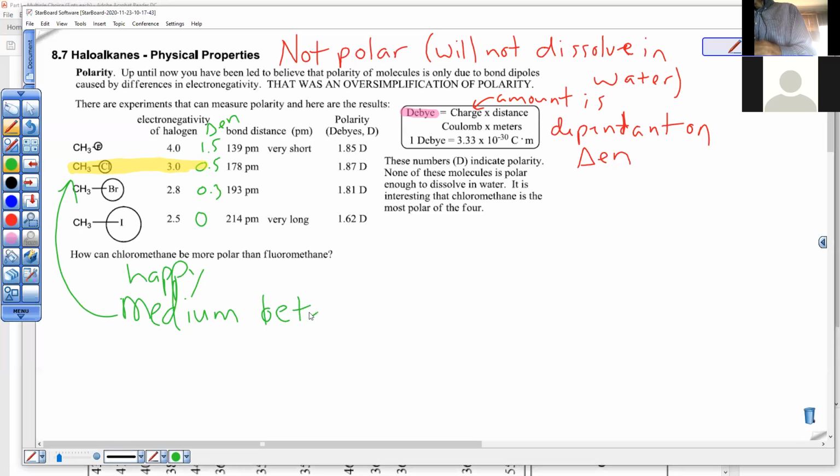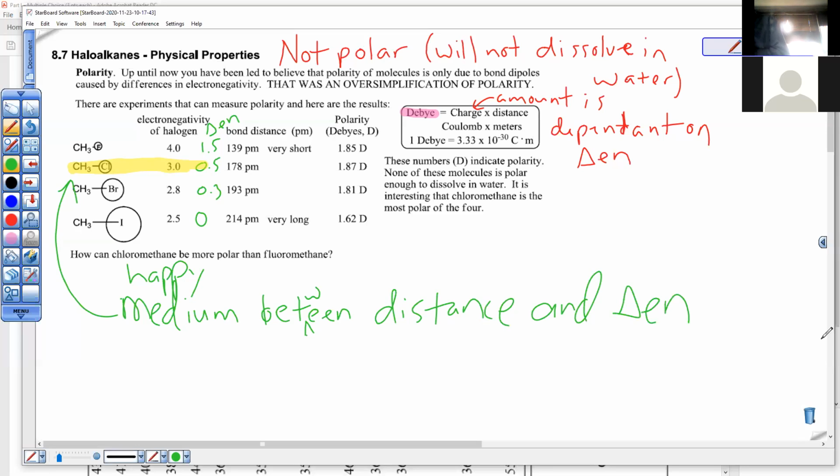Happy medium between distance and delta EN. It's got a pretty good delta EN, and the distance is pretty far. We jumped up quite a bit here, although we sacrificed the delta EN.